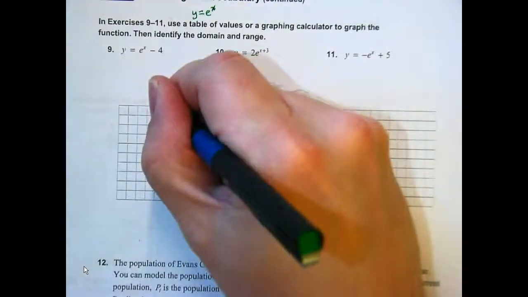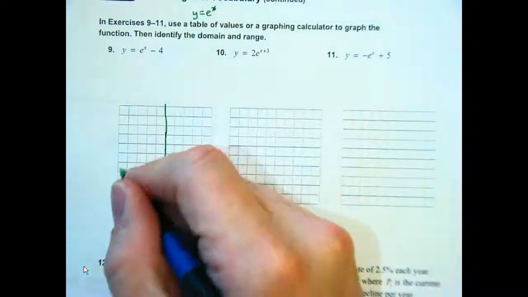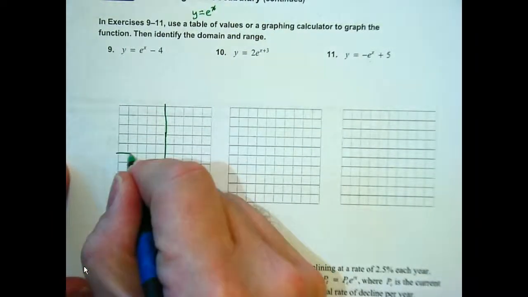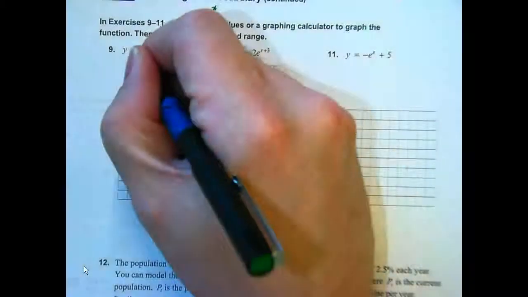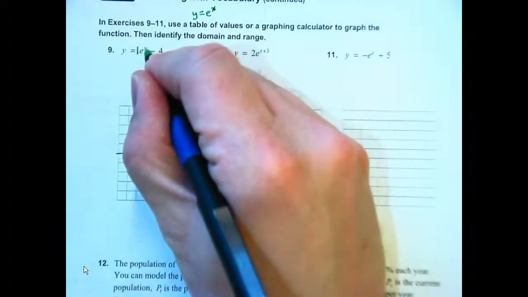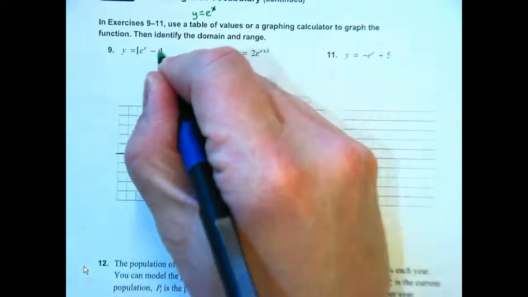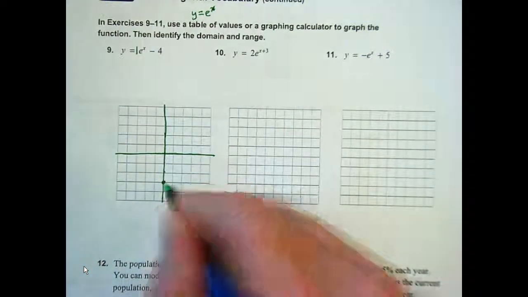Okay, so here, the y-intercept out in front is 1, right? So when we plug a 0 in for x, we get 1, and 1 minus 4 is -3. So it moves our graph down.